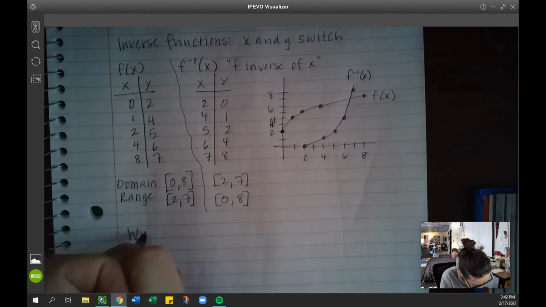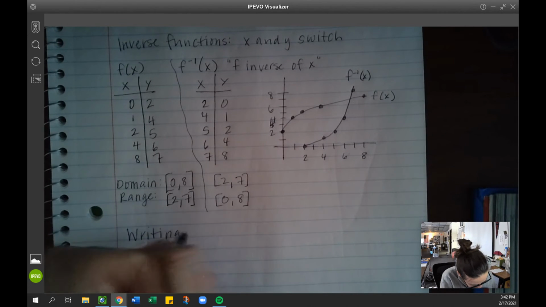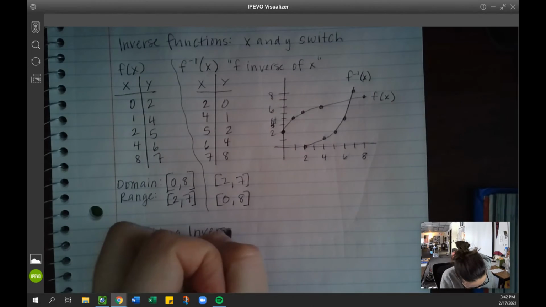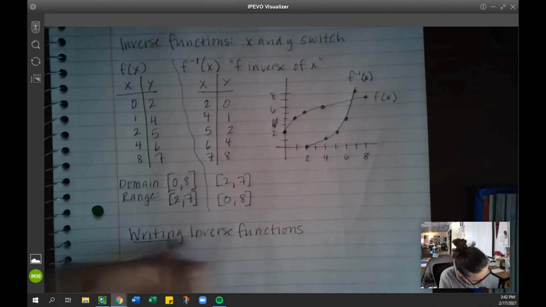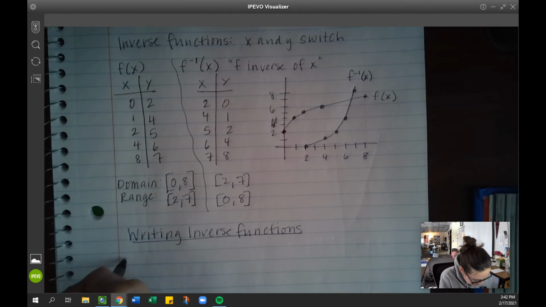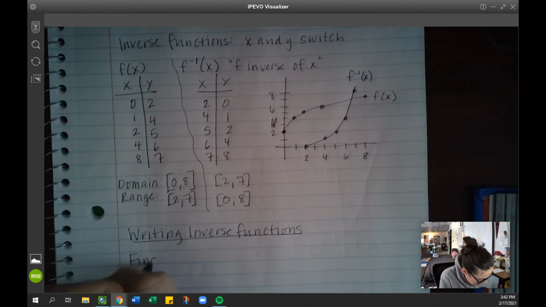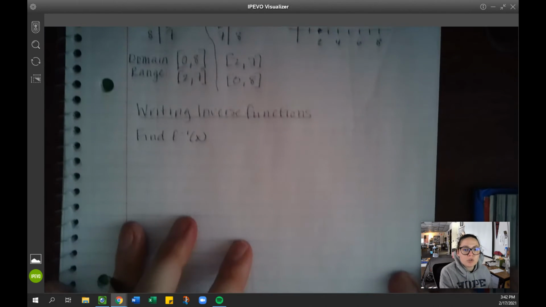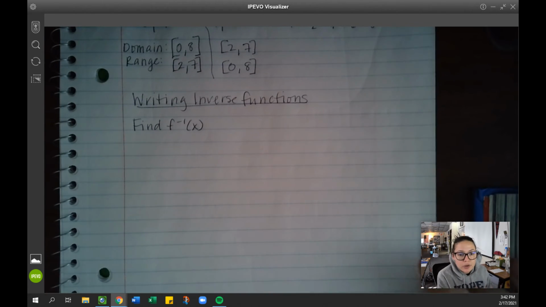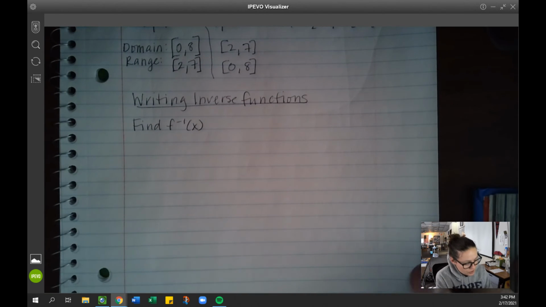All right, writing inverse functions. So here's what you need to do. You need to find f inverse of x. So I'm going to give you an equation, and you have to write the equation of the inverse.